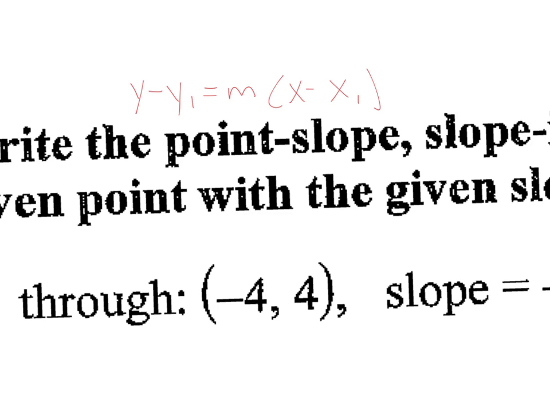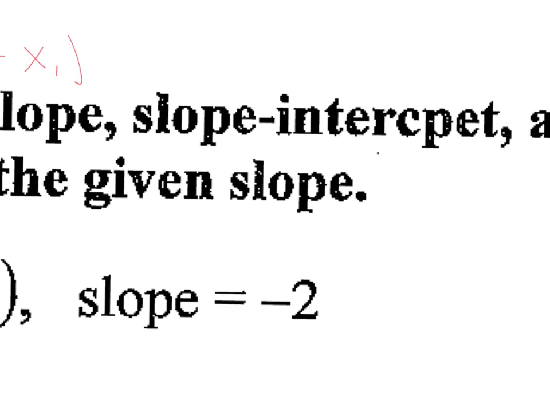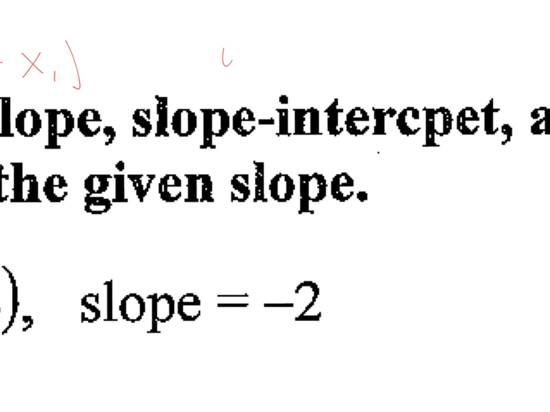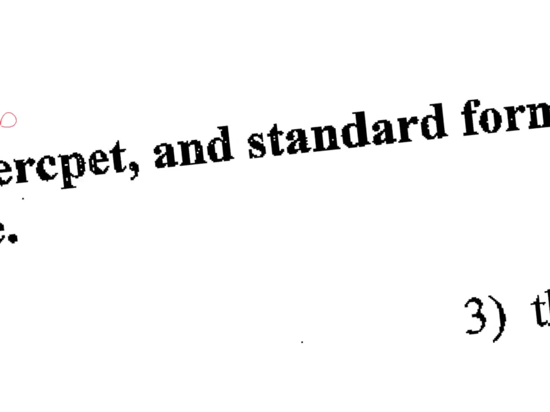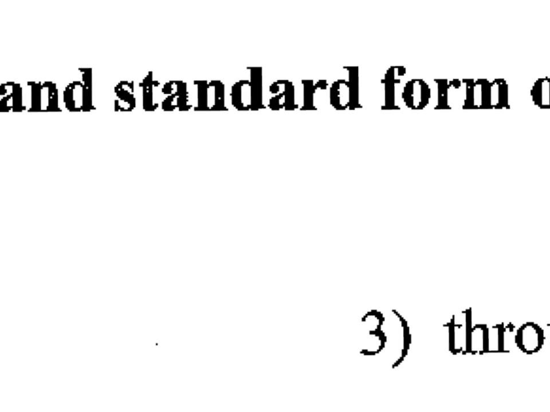This is where we're going to start. We'll start everything in point slope form. We will then move to slope intercept, y equals mx plus b. And then we're going to move to the last one. We're going to keep working our equations and make it look like ax plus by equals c. Basically, we're just going to put x and y on the same side.